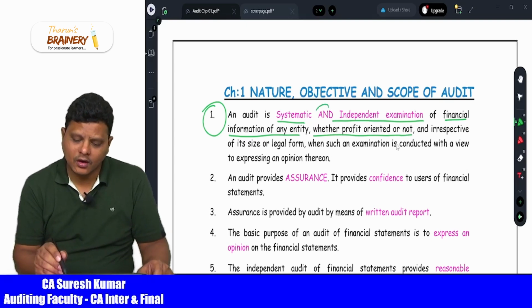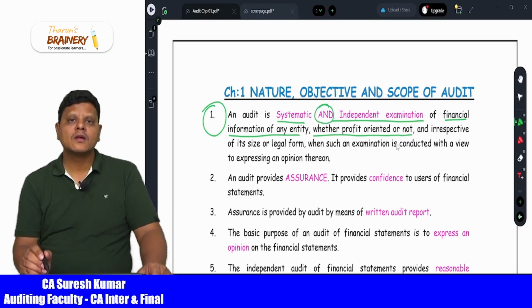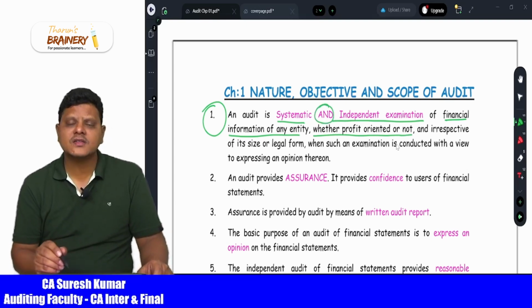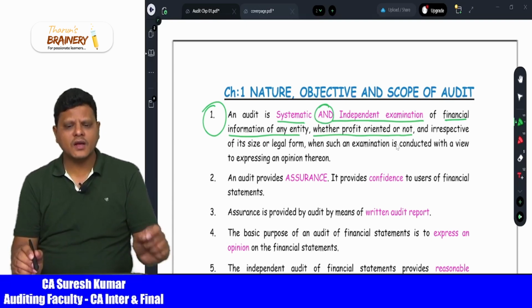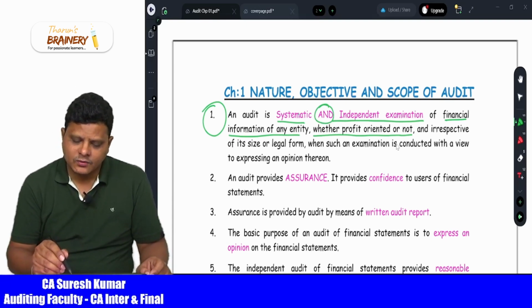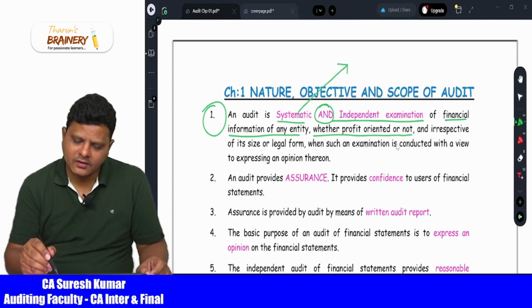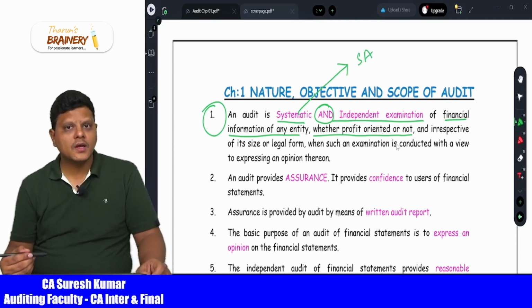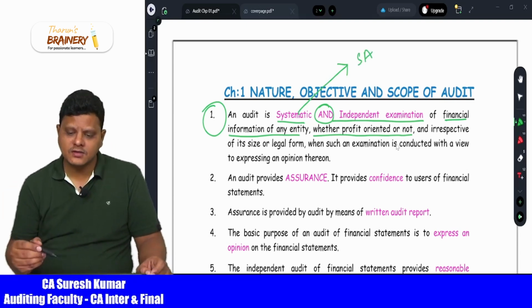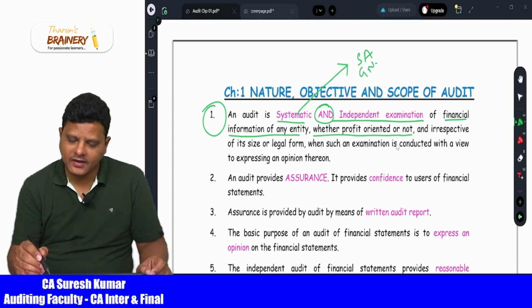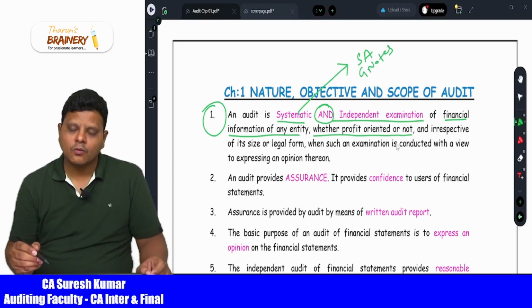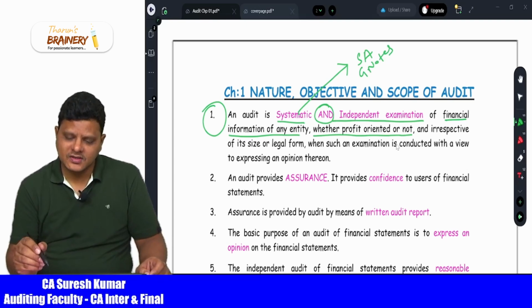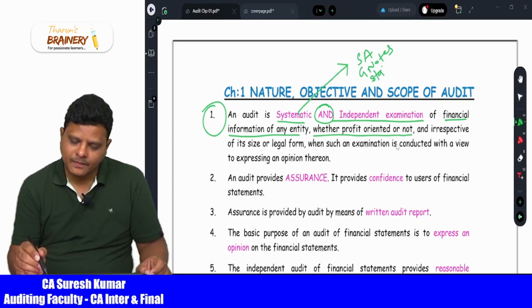There is one word, "and," which means that whenever an audit is carried out by the auditor, it should be done systematically. What is the meaning of systematically? Systematically means using the standards in auditing, using the guidance notes of ICA, using the statements given by the ICA.